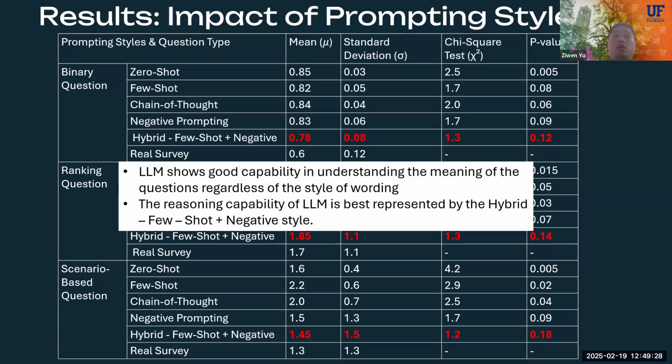So we can manually see that the LLM does understand the question, regardless of how simple or how vague the information we provide is. However, we do see that the reasoning capability of the LLM is really subject to the style of prompting, and based on the methodology that we tried here, the hybrid style gives the best performance overall.